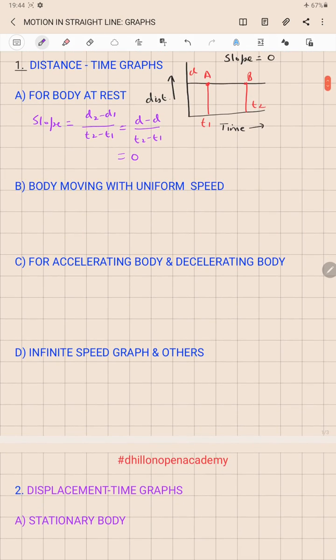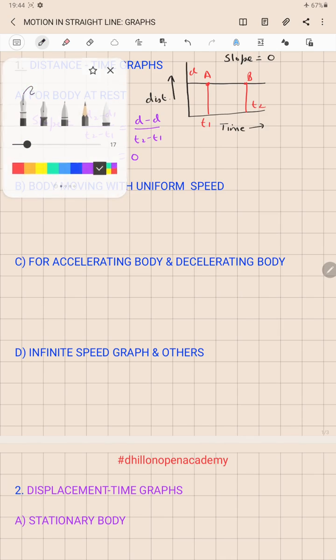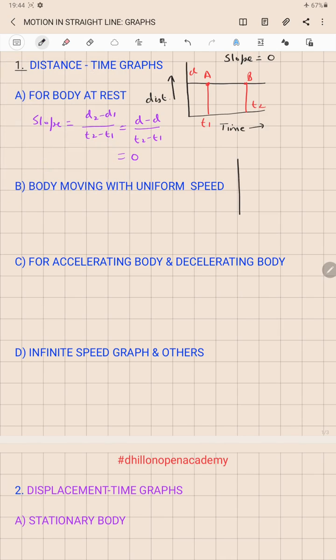If a body is moving with uniform speed, in that case the distance time graph is a straight line inclined to the time axis. It is inclined to the time axis, that is, it is making a certain angle theta with the time axis.